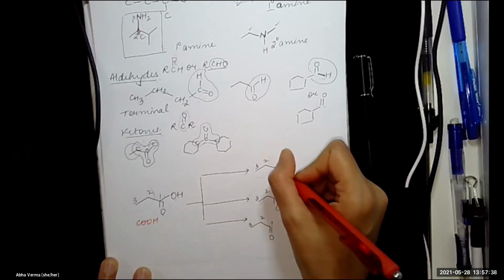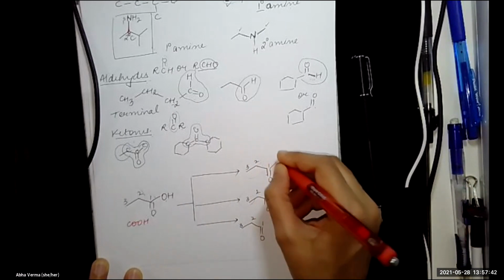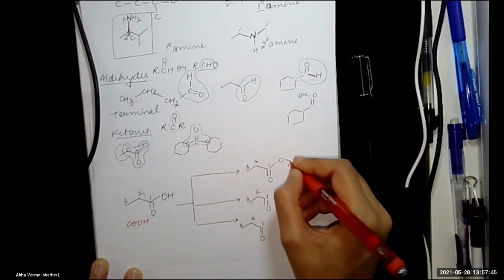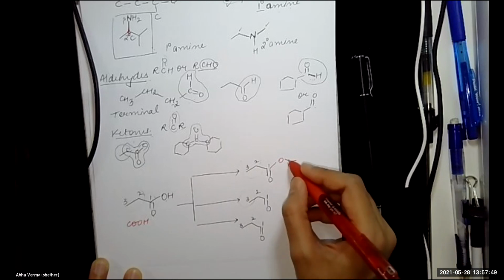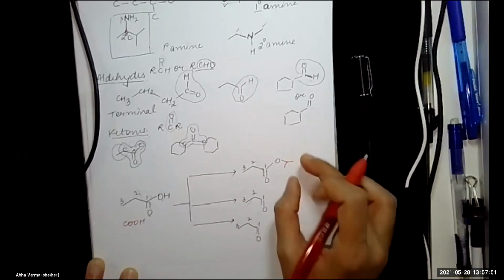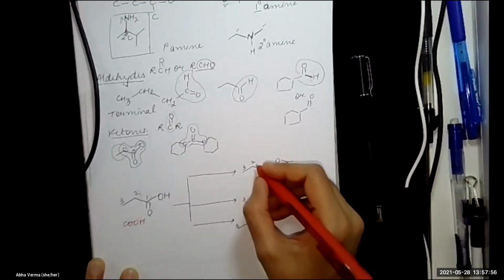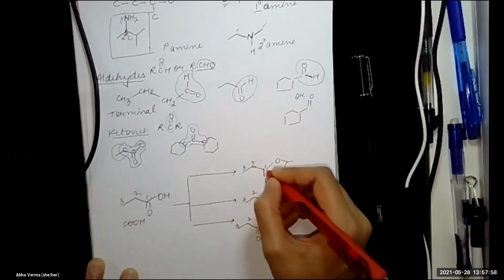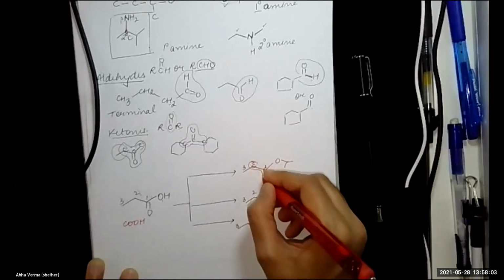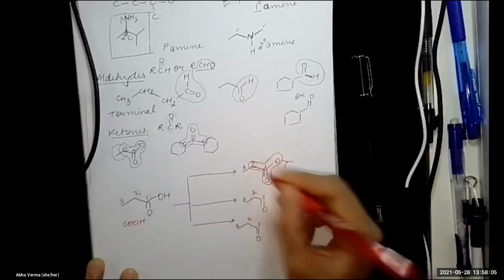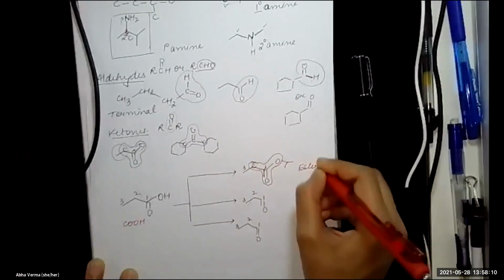But if next to this R group and this carbonyl, I have an OR kind of a group, so instead of just writing R, I'm actually giving you a reasonable structure, what is the pattern that I see? I see C double bonded O and an oxygen. This is the pattern that I will see. These are known as esters.